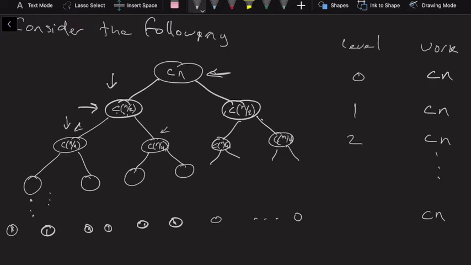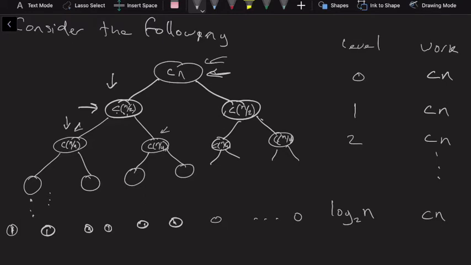Now, the big question is, how many levels are we going to have? Well, because it's a binary tree, we start with n entries and we keep going all the way until we have one entry on each one of the leaves. And all we're going to do there is just one amount of work. So the number of levels that we're going to have is log base 2 of n.